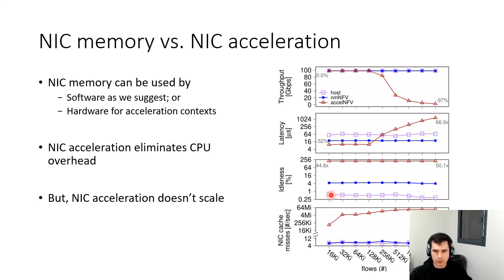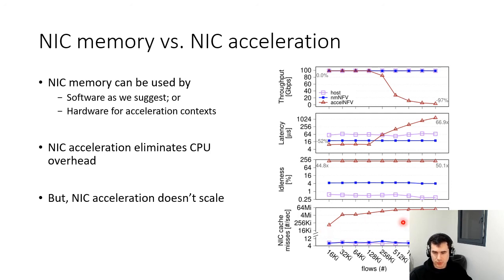However, when we use NIC acceleration, we are susceptible to a performance crash that occurs when the per-flow state exceeds NIC caches and the NIC ASIC is not able to hide that latency. And as a result, throughput plummets, latency goes up, and the number of NIC cache misses goes up as well.